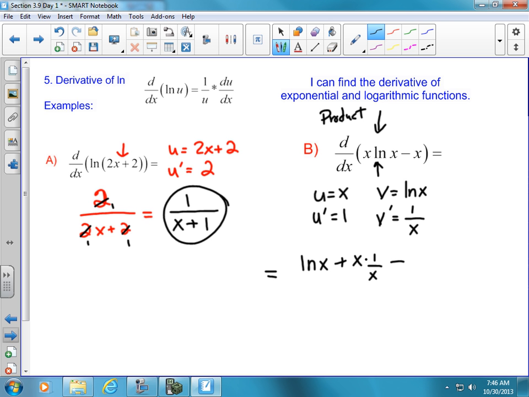Minus, and don't forget we have this now, minus the x. The derivative of x is 1. So we have plus 1 and minus 1, which cancel out. So our derivative is just ln of x.